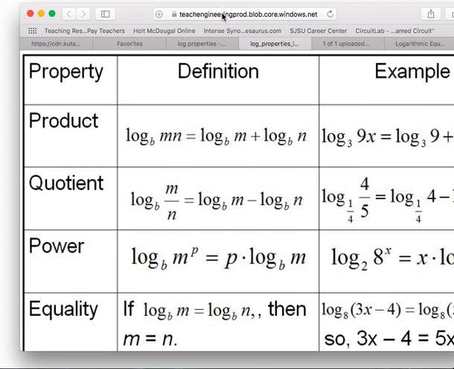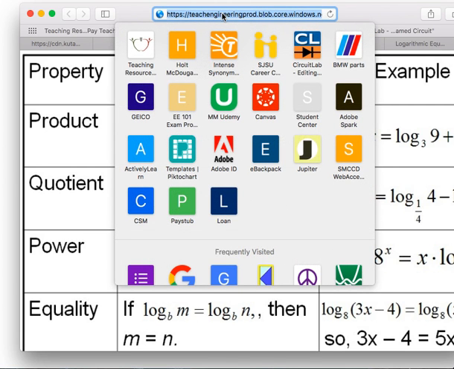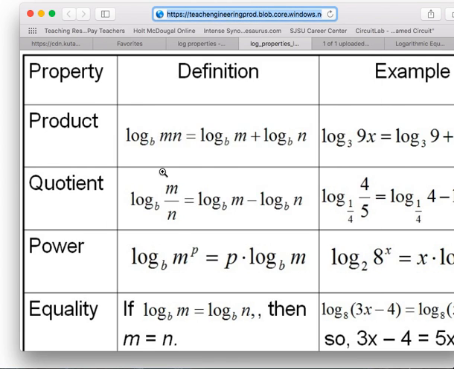I put the URL at the bottom of the YouTube video, so if you lose it for some reason, you can reach it. I strongly recommend that while I'm explaining the problem, you keep your cheat sheet next to you, and feel free to pause the video and make sure all the steps make complete sense to you.